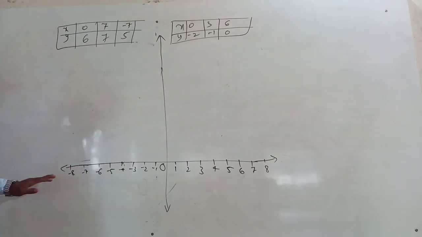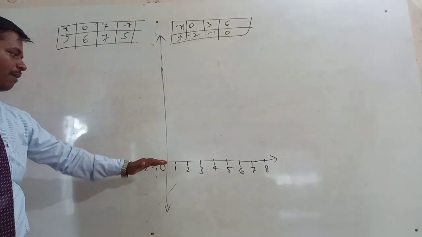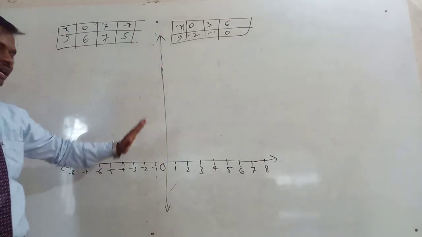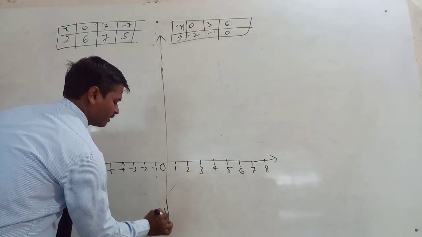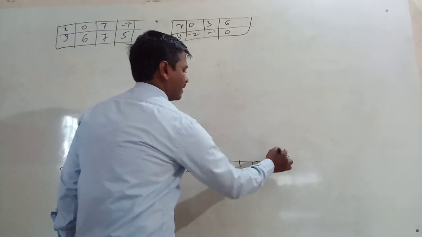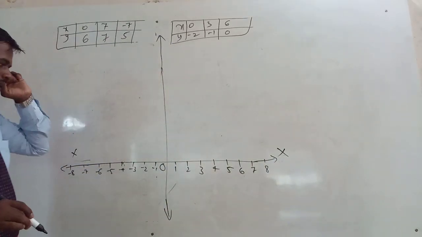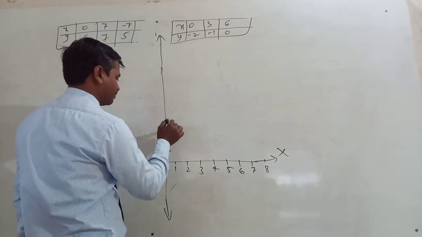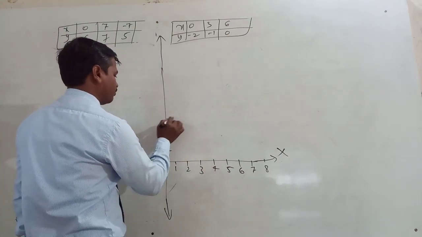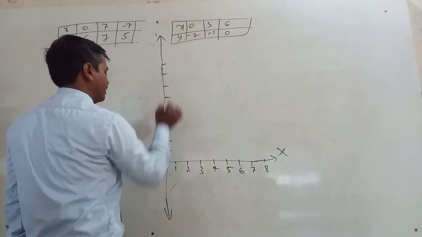These are the numbers on the x-axis. Now we should get the numbers on the y-axis. Upper side positive numbers, lower side negative numbers. X, x dash, O is the origin, and upper side positive numbers are 1, 2, 3, 4, 5, 6, 7, 8, 9.